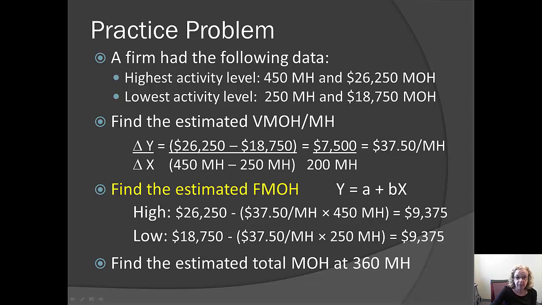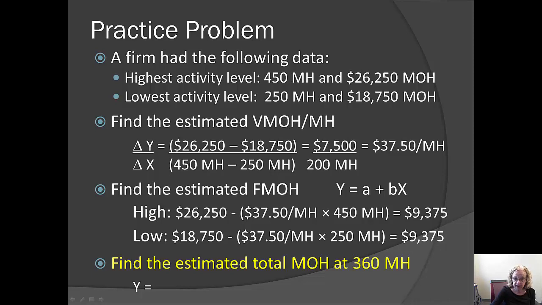Your third job is to determine how much overhead we would predict if we expected to use 360 machine hours next period. To answer this question, we go back to our basic formula.